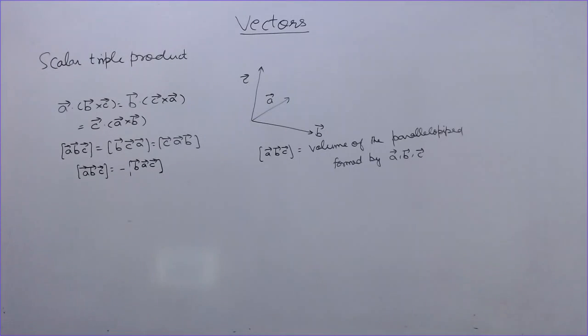If they were at 90 degrees, then we would call that solid a cuboid or a cube, depending upon their ratios. So here this is called a parallelepiped. This is called a scalar triple product of three vectors. Scalar because this is finally a dot product.